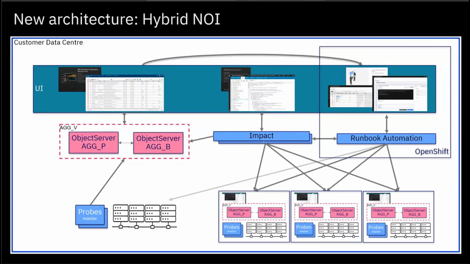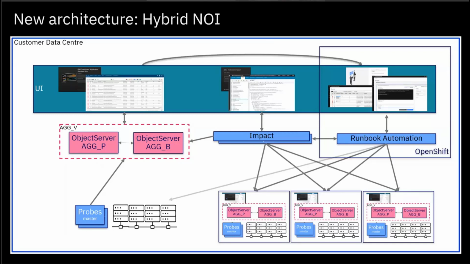In that scenario, you have Impact and the object server and OMNIbus outside of the OpenShift installation, just like your traditional installation typically looks like. And you have NOI with Runbook Automation on OpenShift installed separately, but the flow works just the same. This new support works for both options, for the full stack NOI and also for hybrid NOI.